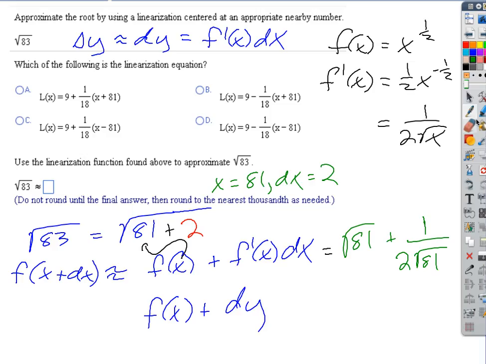X minus 81 is 2, isn't it? Right, so that's going to give us 2 over 2 times 9 is 18. So it's got to be this one, doesn't it? This one over there. Because, and that's kind of a dumb way of writing it, but that's 2.